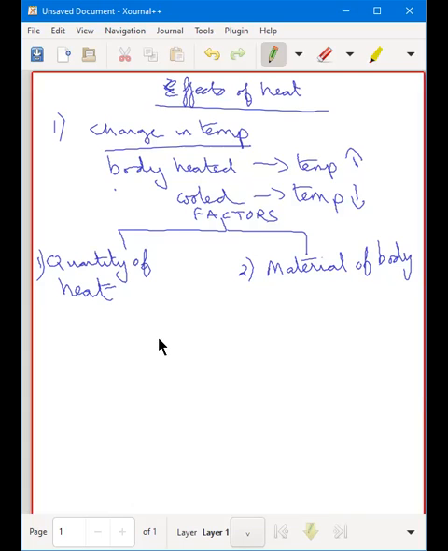So depending on which material we are using, the temperature will change accordingly. For example, if I provide, let's say, 100 kilocalories of energy or heat to the body, we will find that some material raises its temperature by 10 degrees Celsius, whereas another one will only raise it by 2 degrees Celsius, even though the quantity of heat applied is the same.